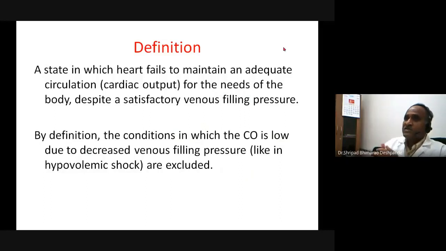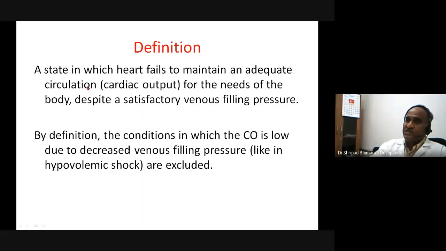Now, first, we just look into the definition of heart failure. If you can see this definition, it is a state in which a heart fails to maintain adequate circulation, that's cardiac output, for the needs of the body despite satisfactory venous filling pressure.